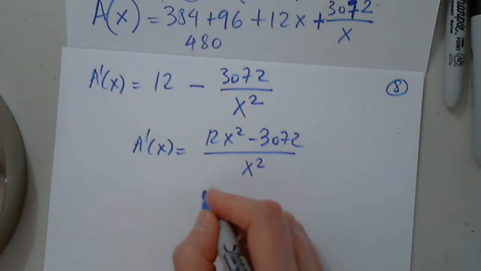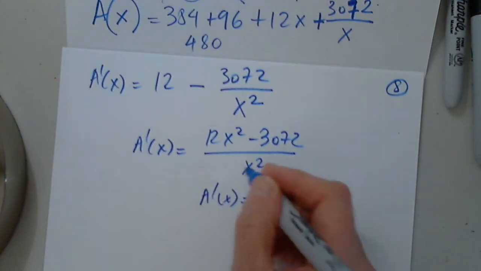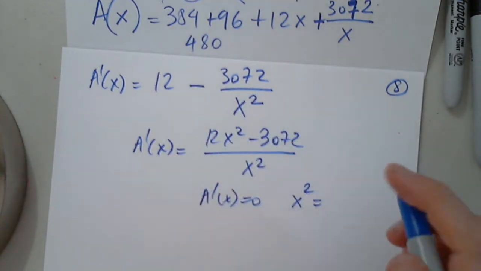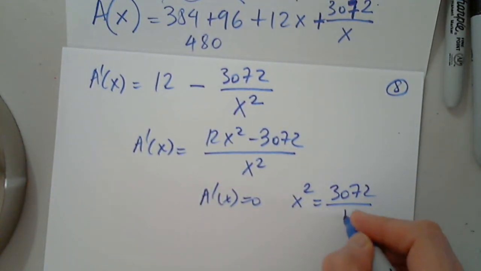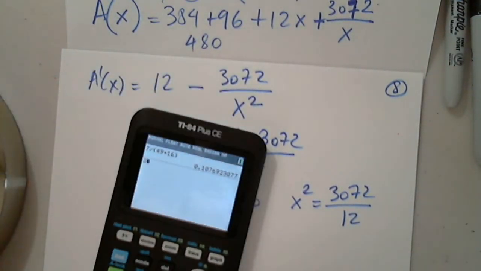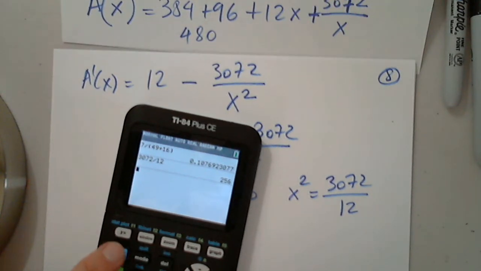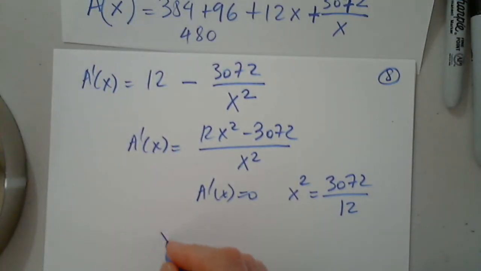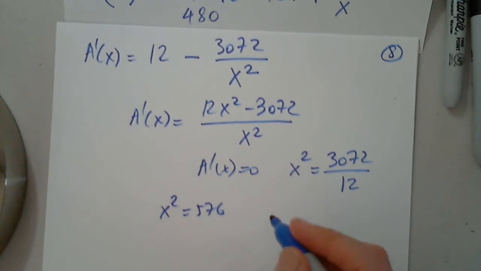Very similar problem. A prime of x equals 0. Of course, x squared equals 3072 over 12. And what does that equal to? What is it? Ah, very nice. And it's 16. Excellent. So x squared equals 256.